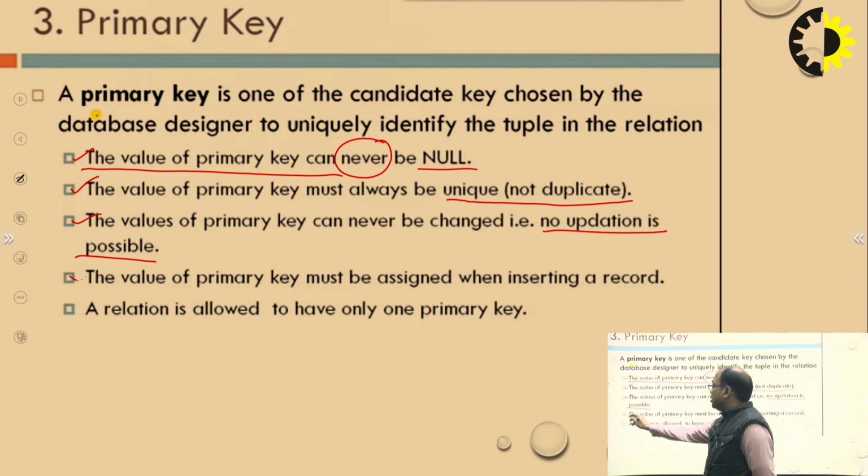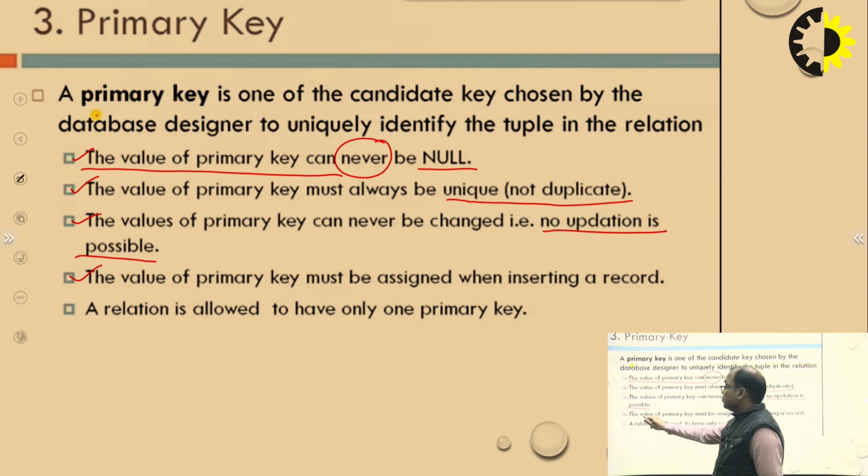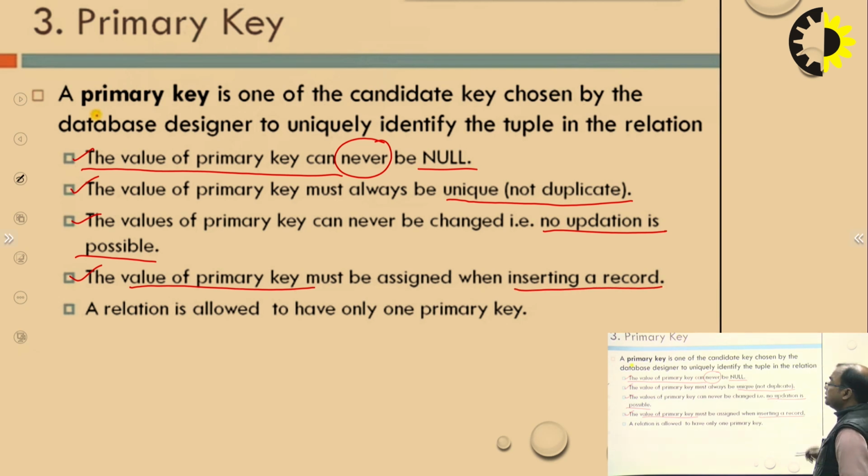Next, the value of primary key must be assigned when inserting a record. It must be assigned at the time the record is created.